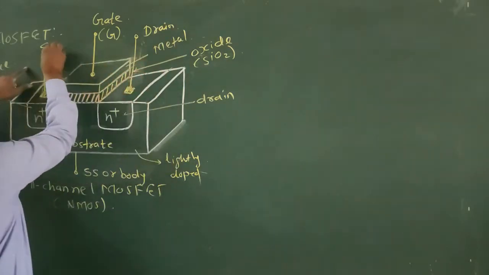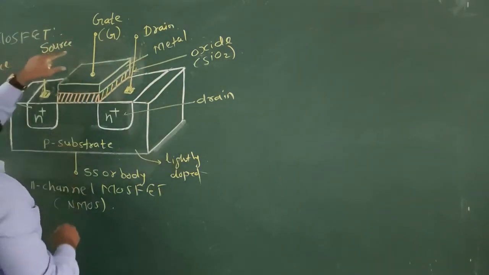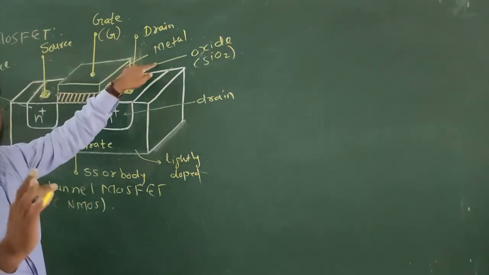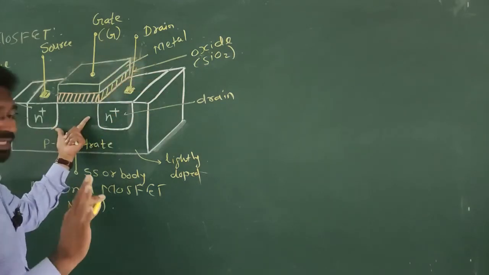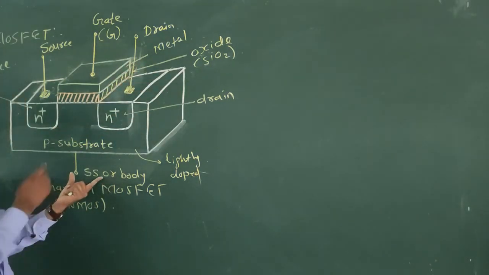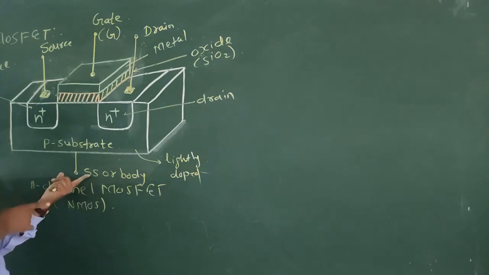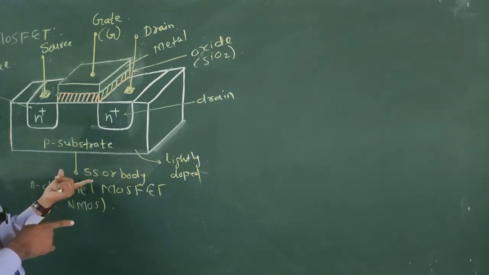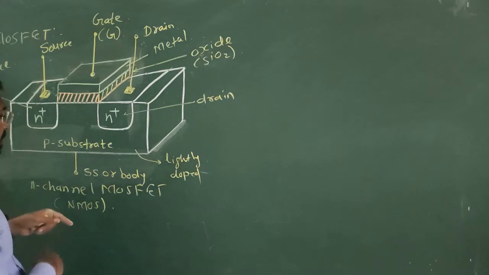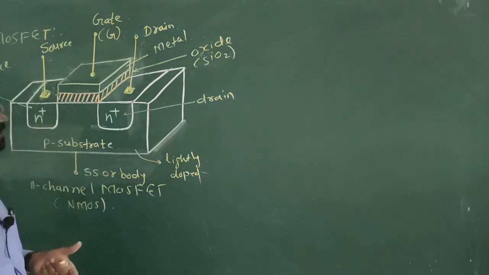We have gate, source and drain, 3 terminals from the device. Actually, there is a fourth one also. This is the substrate or body terminal. This is also an important terminal we have to consider while making a circuit using MOS transistor.